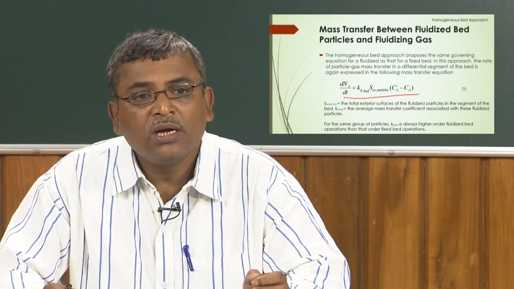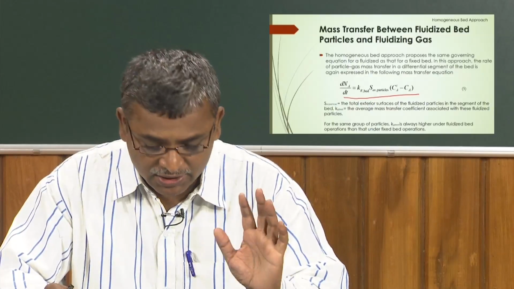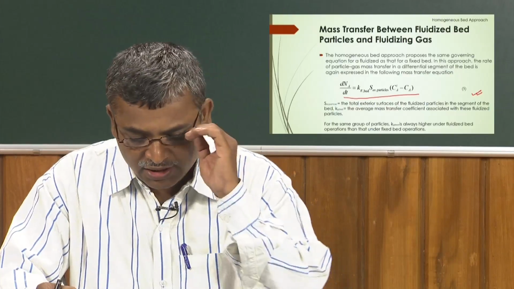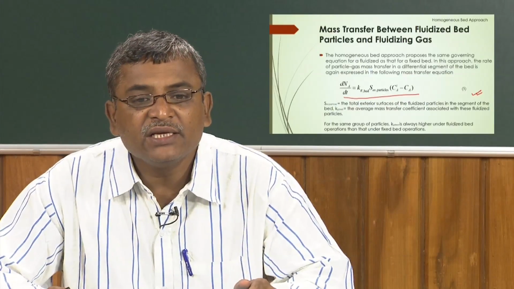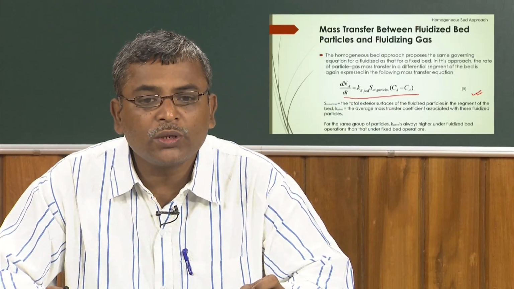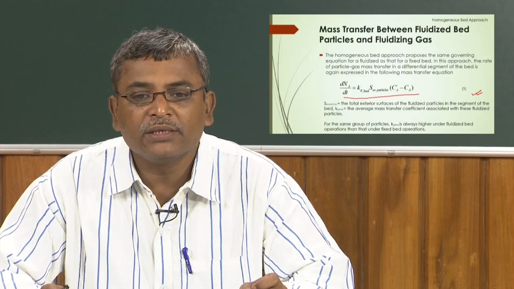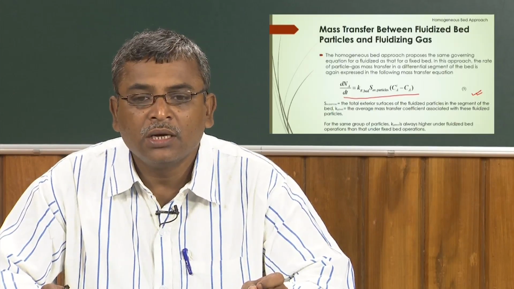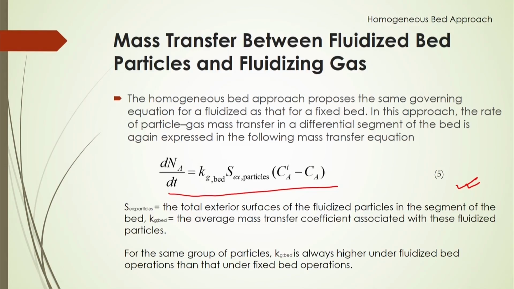In this case, both gas and particles will be moving, so the mass transfer rate can be expressed by this equation number 5. Again you will see that A_cx,particles represents the total exterior surface of the fluidized particles in the particular segment which is considered.